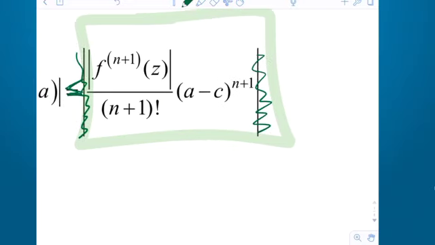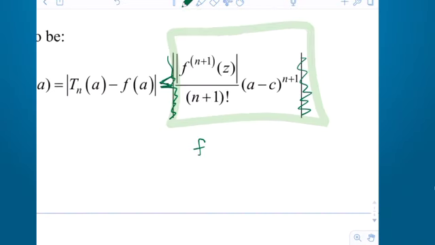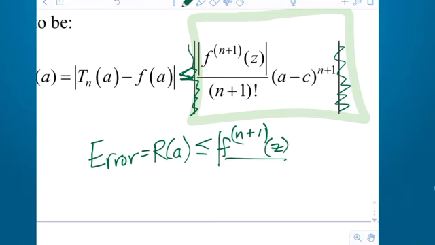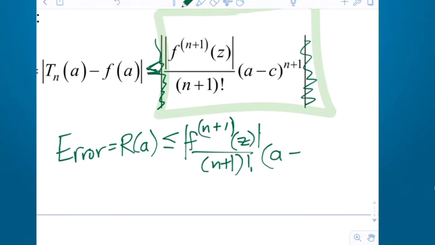Okay? So let me rewrite it. The actual error, we can call it the error, or we can call it the remainder function at a. It's going to be less than or equal to the absolute value of the n plus first derivative evaluated at some value z, all over n plus 1 factorial, and the absolute value is only in the numerator, times a minus our center to the n plus first.